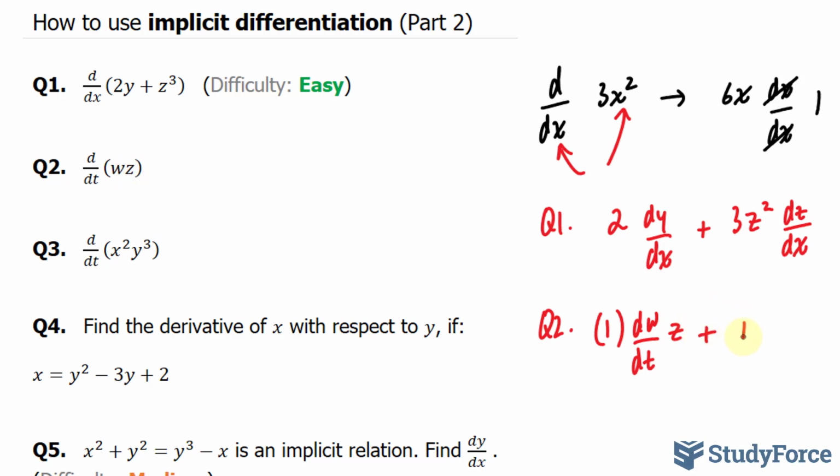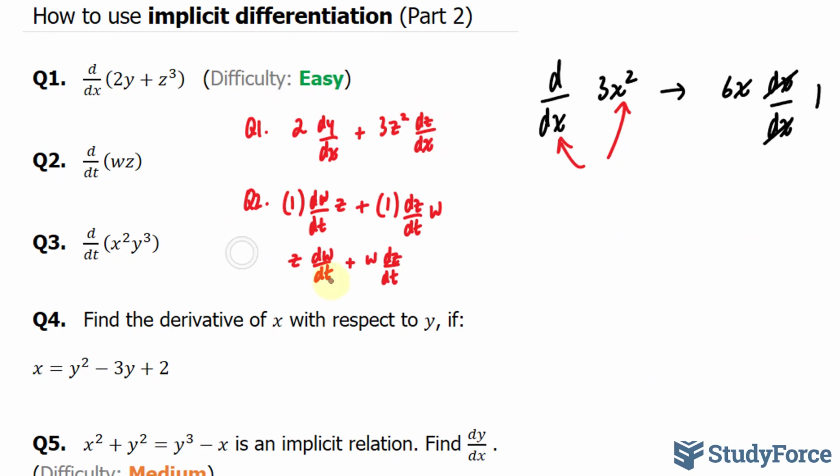The derivative of z is 1 dz over dt times w, leaving us with z dw over dt plus w dz over dt. I've sandwiched the expressions that we just found so that I have more room.